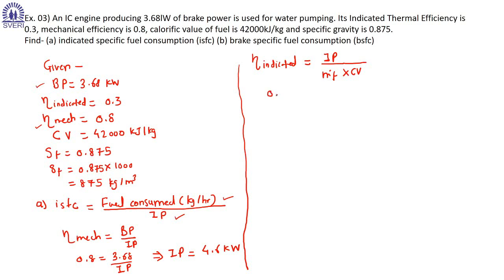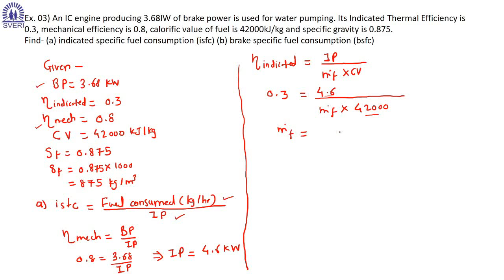The indicated thermal efficiency is given as 0.3 equal to indicated power, that we just calculated, 4.6, divided by mass flow rate into calorific value, 42,000 kilojoule per kilogram. I have taken this in kilojoule and this in kilowatt, so no need to write 10 to power 3 again. So again I'll calculate the mass flow rate from this.